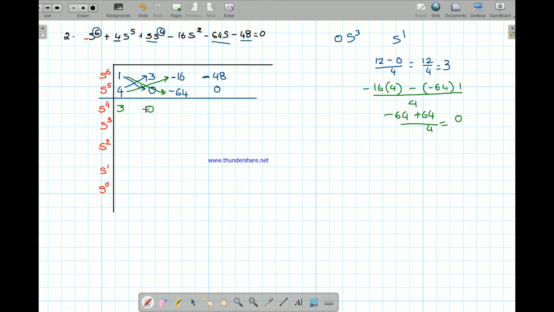Coming to this element, it is 4 into minus 48, minus 1 into 0 is 0, divided by 4. So you will be getting minus 48 here. And you don't have any other elements after this minus 48 and 0, so this will become 0. Now this is the next row which we have constructed in the Routh array.